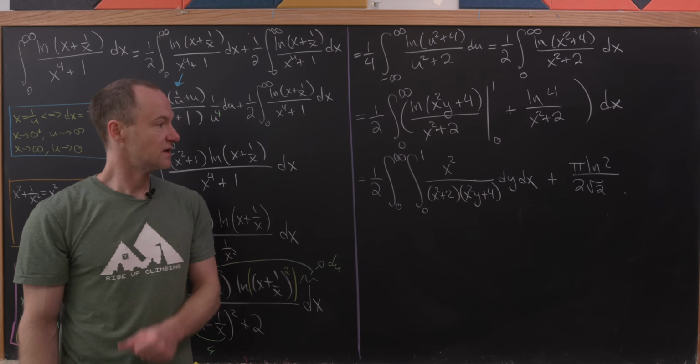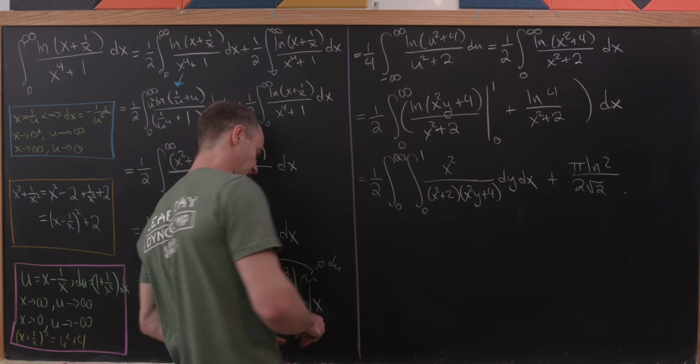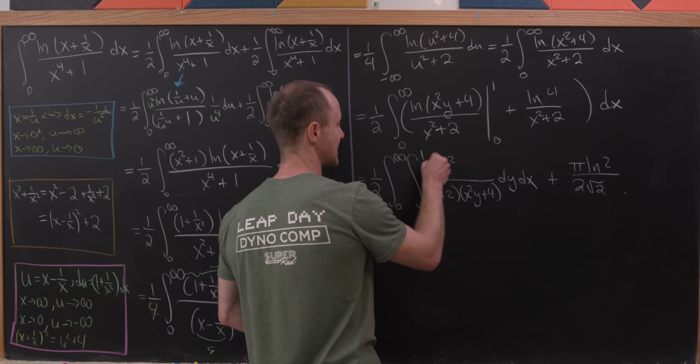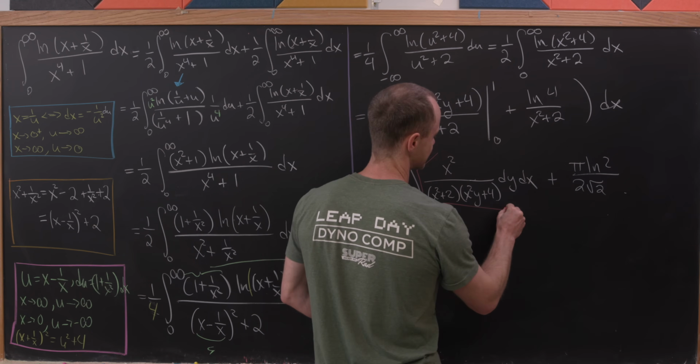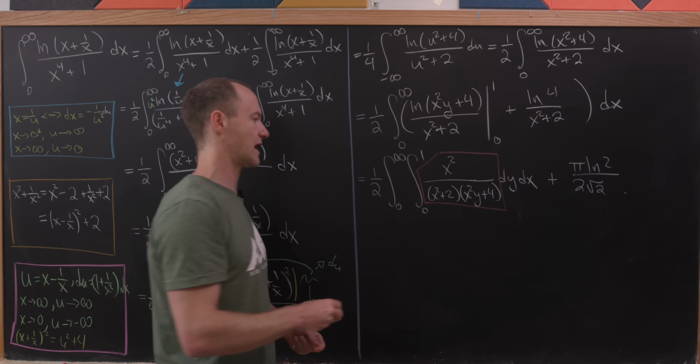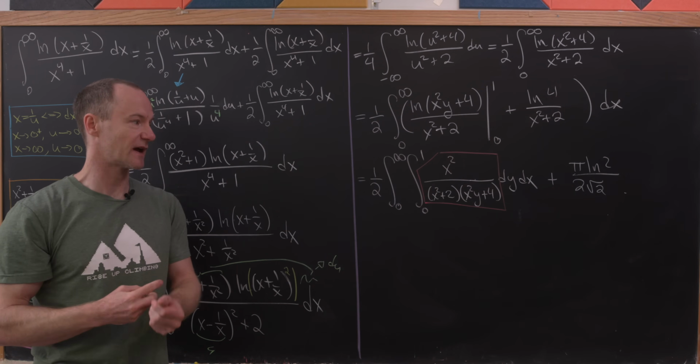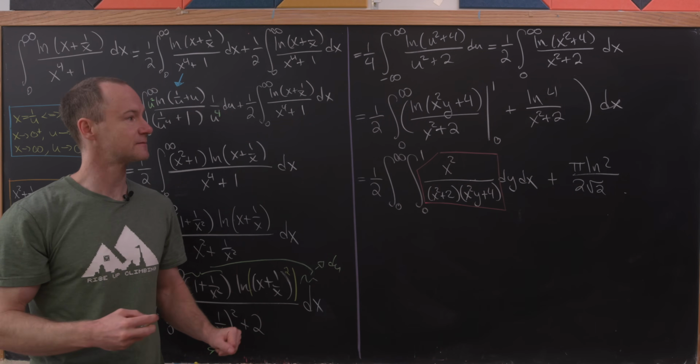Okay, cool. So now what are we going to do? Well, I think the next good step would be to take this stuff that I'm putting this red box around and use a partial fraction decomposition with respect to the variable x.